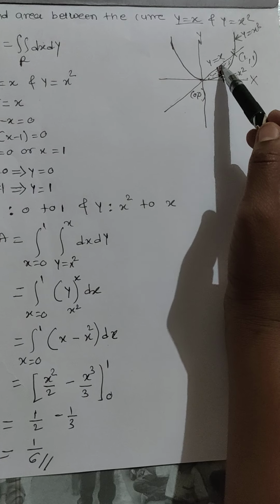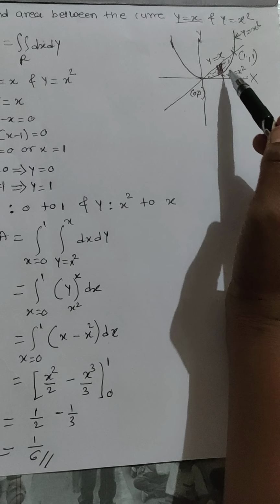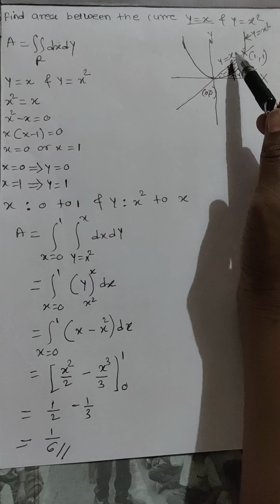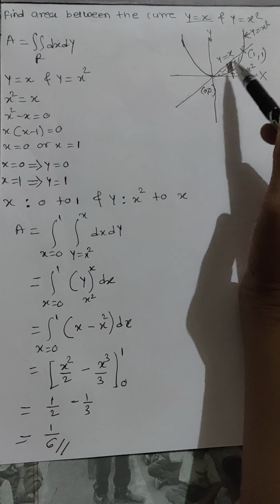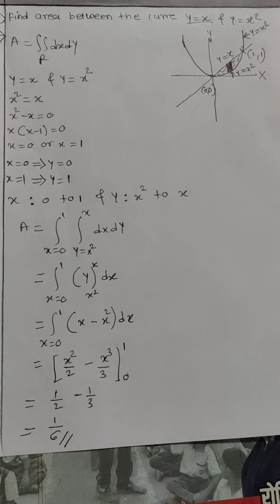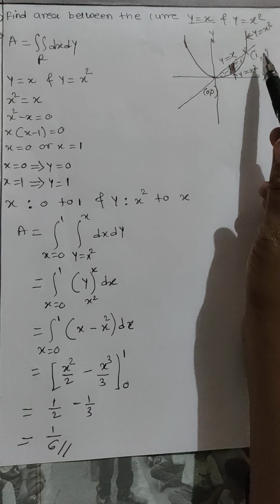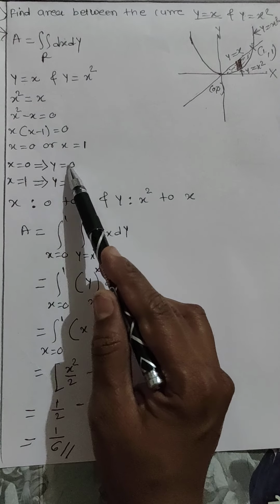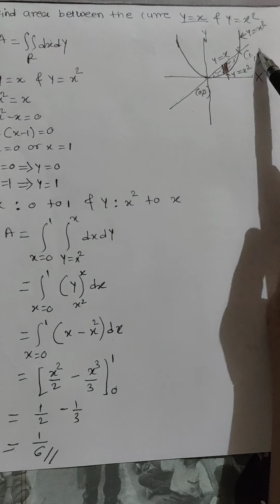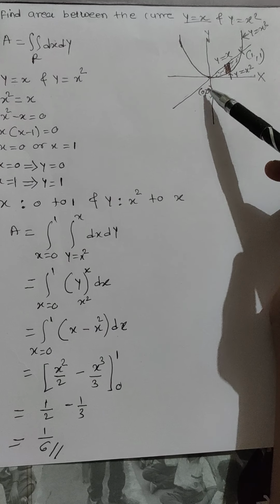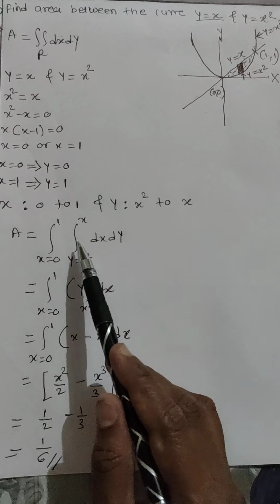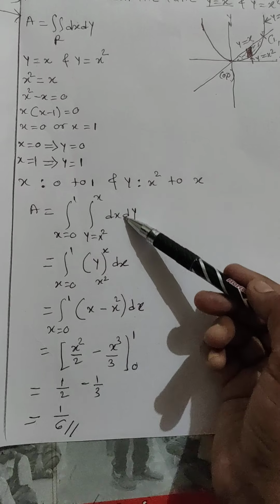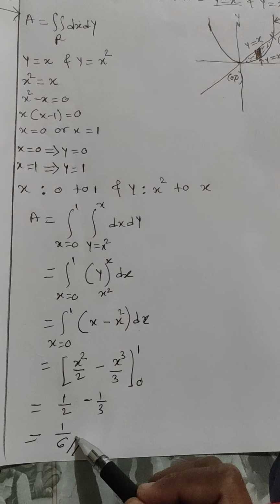To find the remaining limit in constant form, we find the points of intersection using these two equations. Here we get x is 0, y is 0, x is 1, y is 1. So the limit points for x are 0 to 1. We take these limits, integrate dx dy, and we get the answer 1/6.